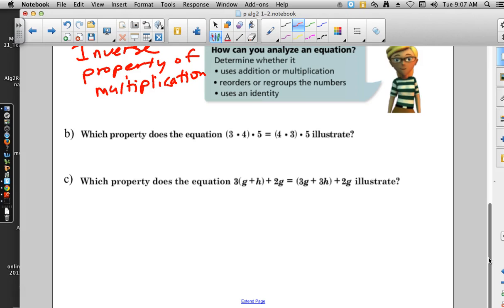B says, which property does the equation 3 times 4 in parentheses times 5 equal 4 times 3 times 5? And it's not the parentheses that moved. These parentheses are in the exact same places. What switched positions were the 3 and the 4.